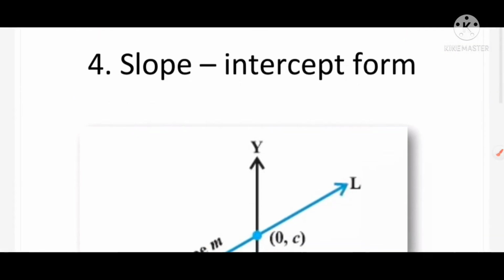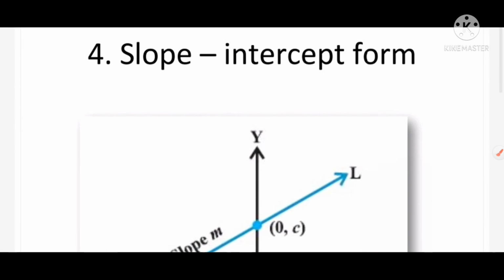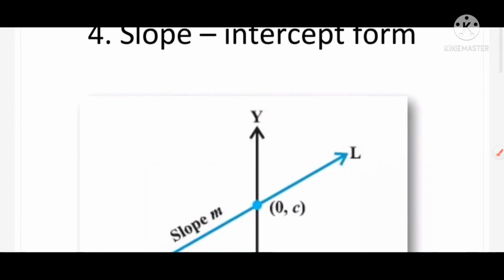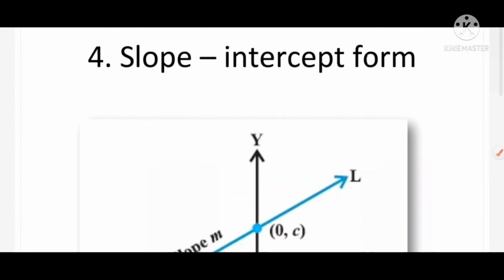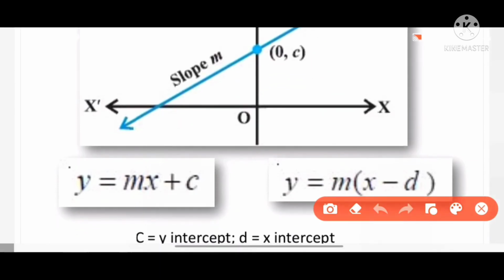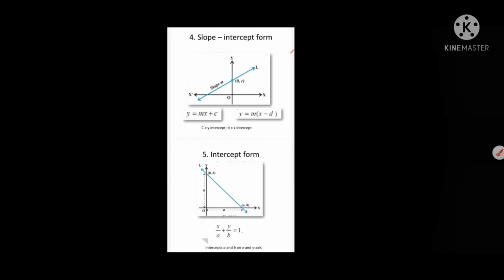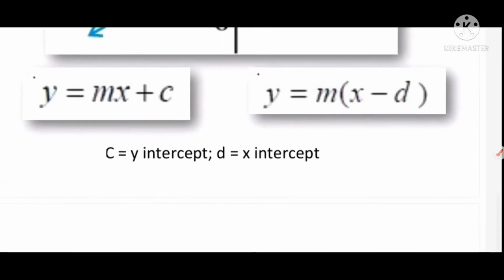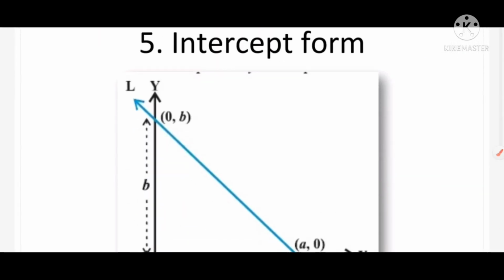Next, if the slope and one intercept are given, where the slope is m and the intercept is c, then the equation is written as y is equal to mx plus c. This is the slope intercept form. Next, the intercept form.